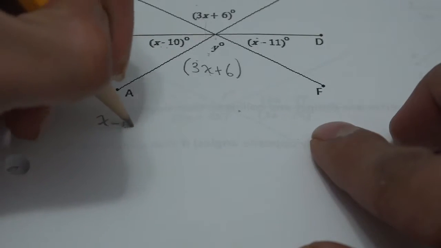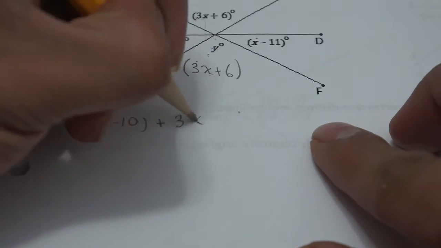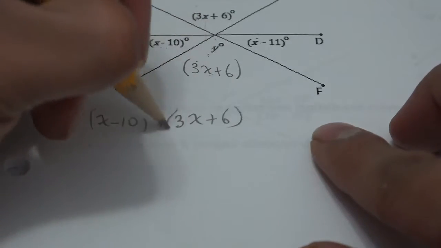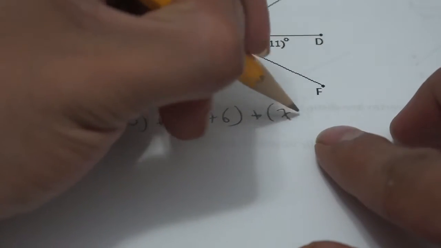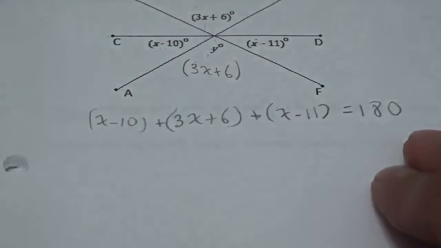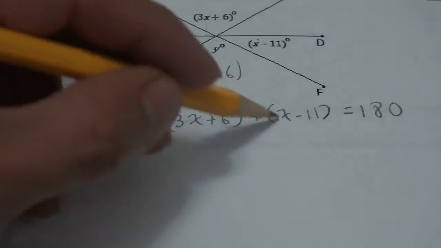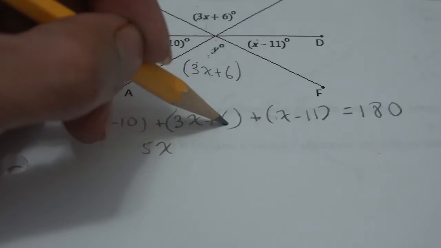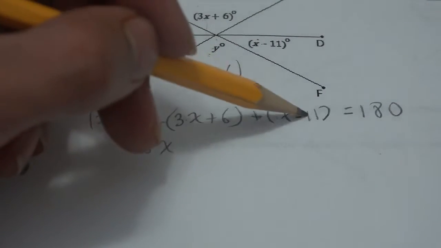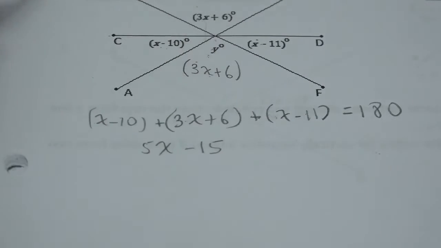So x minus 10 plus, instead of y, since I already know that y is the same thing as 3x plus 6, that's what I write, plus x minus 11. And that should equal 180 degrees. Now we combine like terms, so we get x, 3x, that's 4x, that's 5x. Negative 10, negative 4, negative 4, negative 15, minus 15. I hope I'm right.